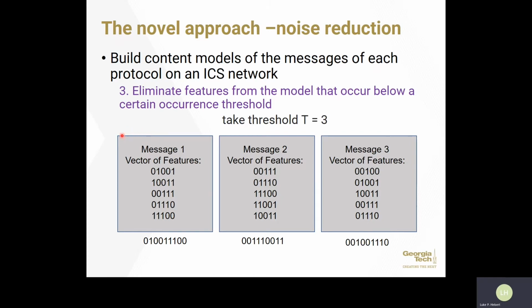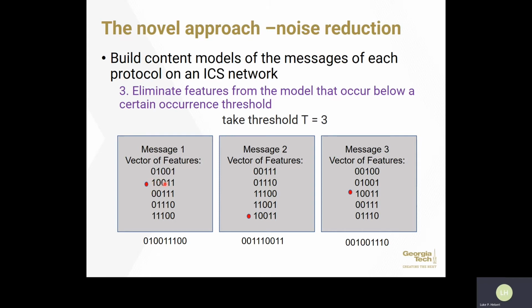This method of noise reduction works well for industrial binary protocols because of their concise nature, which is driven by the need for low latency network transfer by minimization of communication overhead. So just to step through the noise reduction, we're taking a threshold of T, so we're going to mark to keep anything that occurs at least 3 times among messages.